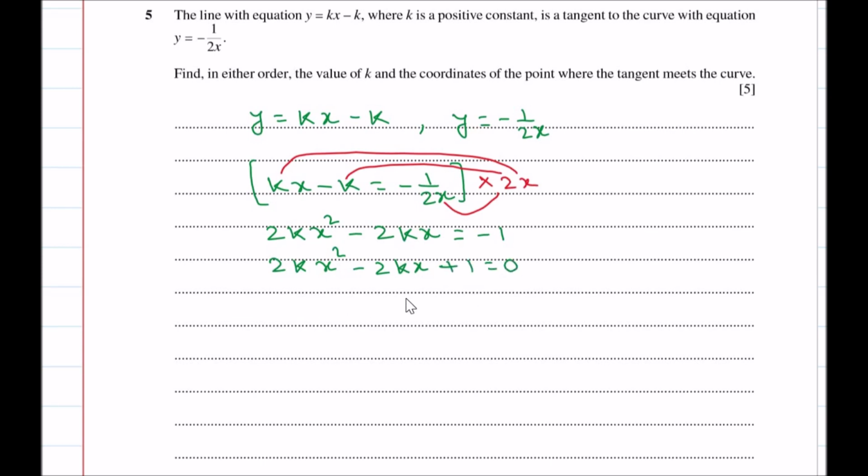We got a quadratic, right? And it says tangent meets the curve. So when tangent meets the curve at a point, if you remember, you must have learned that D, that is discriminant b square minus 4ac, equal to 0.